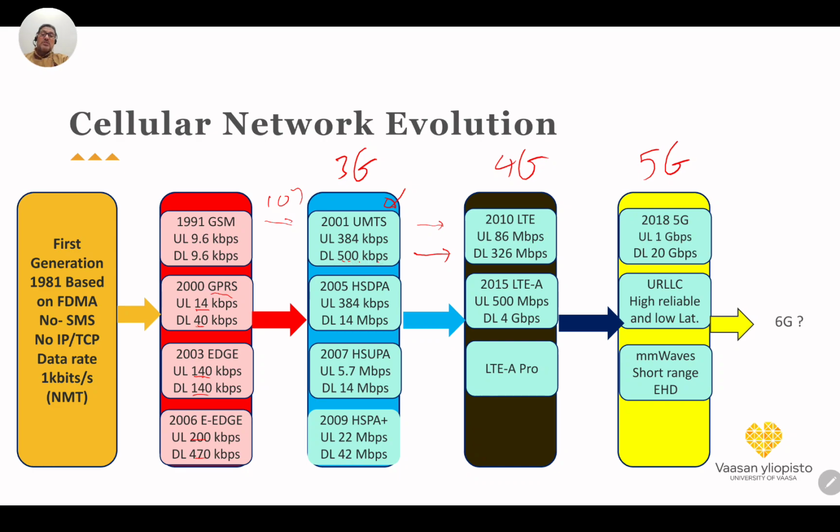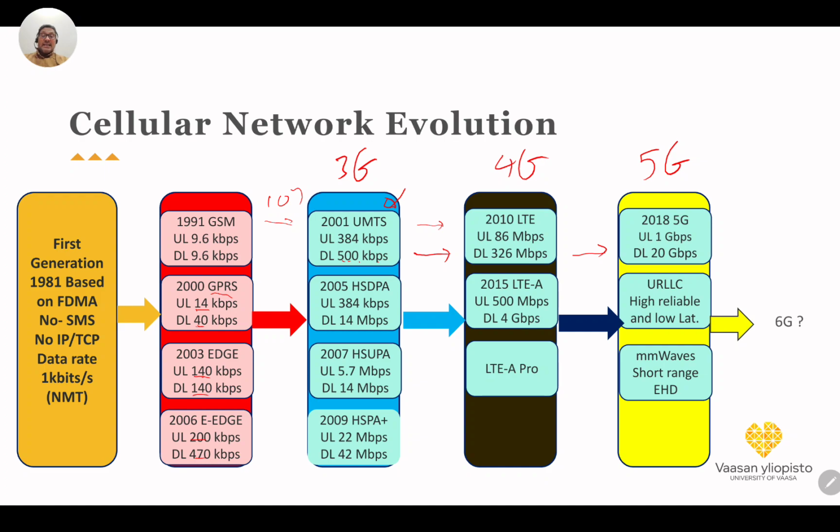It is half a megabit per second, and now we have 326 megabit per second, about 700 times faster. And from 2010 to 2018, about 8 years, you can see that from 0.3 giga to 20 giga, which means about maybe 40 times increase.